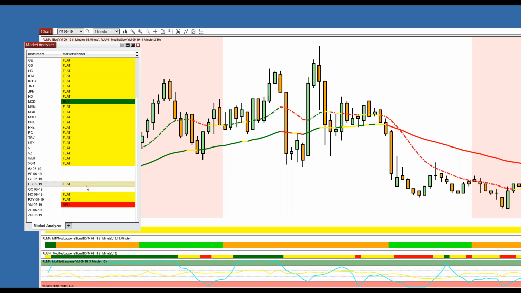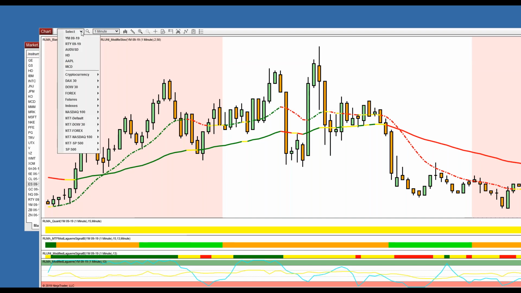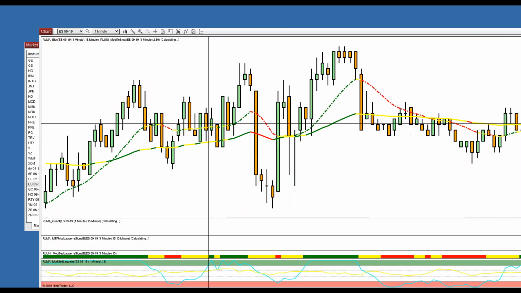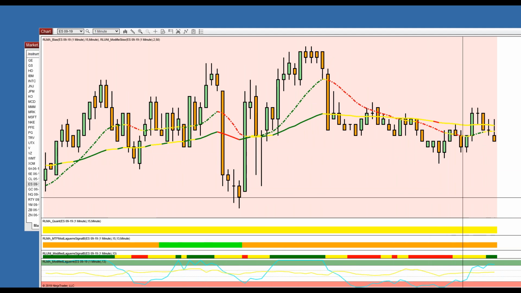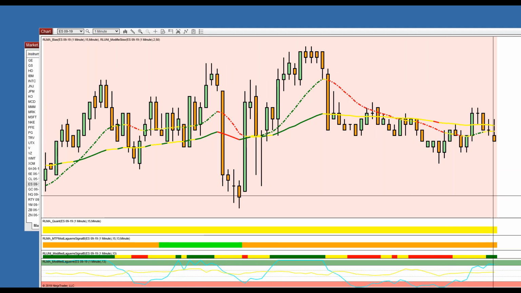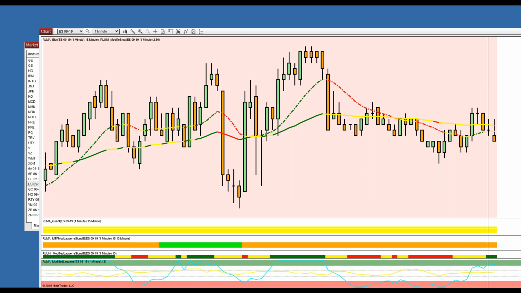So we're not even getting any data on the gold. We'll take a look at the E-mini. The E-mini is flat. Let's look at one other future. And see here we have no alignment at all. Our quant is yellow.